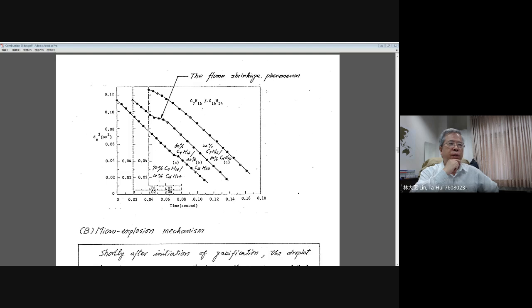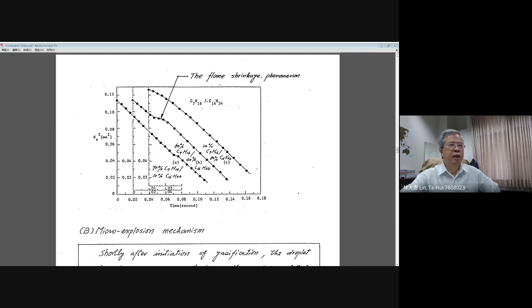When you do the experiment by changing the composition of C16 from 10 to 40 and to 80, trying to increase the amount of the high boiling point fuel, you will find a very interesting behavior can be observed from the experiments.